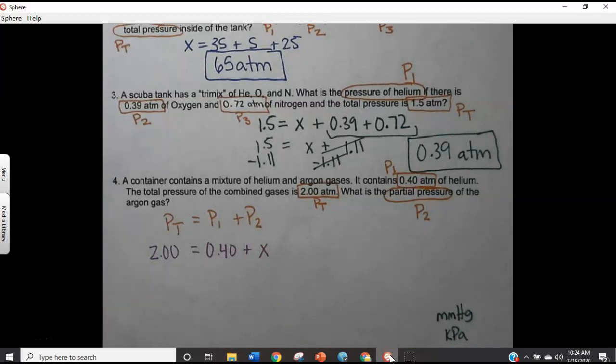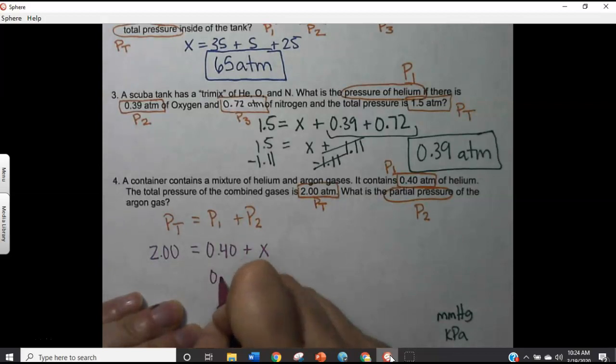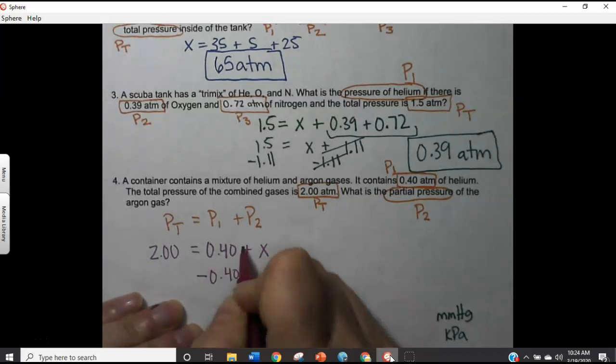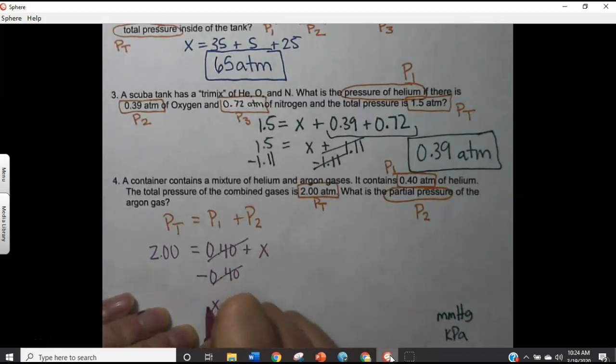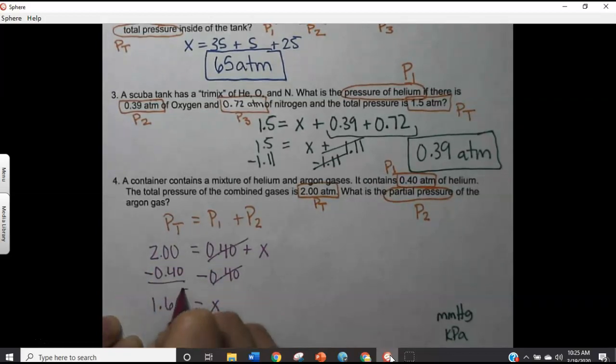Now there are no like terms to combine, so I'm just going to do the opposite of adding 0.4, which is subtracting, so that cancels out, and I have x alone on this side of the equation. Subtract 0.40 on this side, 1.60. And the unit for that will be atmospheres, atm.